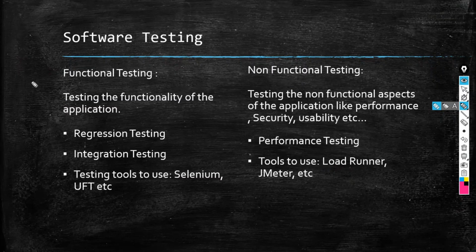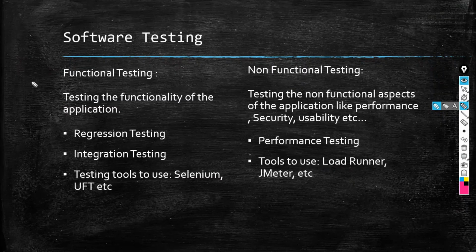You go inside the lift and you press 3. Because you pressed the 3 button, the lift should go to the third floor and stop. That means we are checking the functionality, that if you press the 3 button, is it going to the third floor or not, is what we are checking.